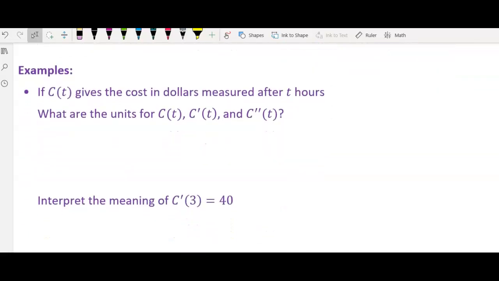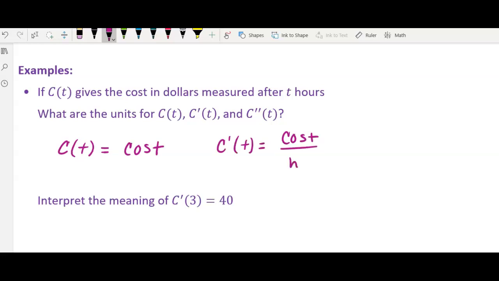If C of t gives the cost in dollars measured after t hours, what are the units for C of t, C prime of t, C double prime of t? Well, C of t gives the cost. C prime of t finds the cost per hour, and C double prime of t finds the cost per hour squared.